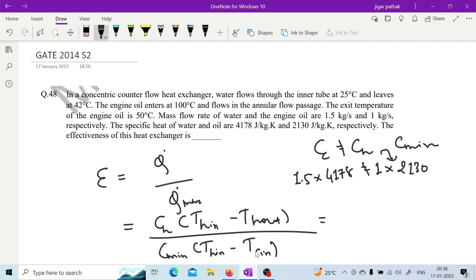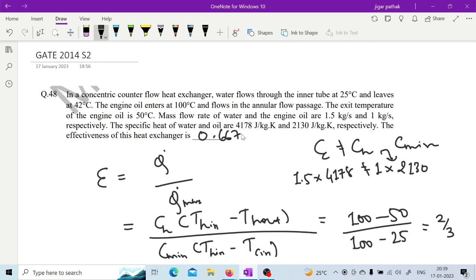Th in is 100 and Th out is 50, and Tc in is 25. So this will give you 50 by 75, so 2 by 3, that is 0.6667. This way you will get it. Is it correct? Everyone is getting this?